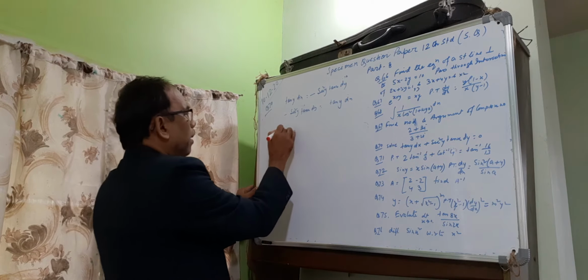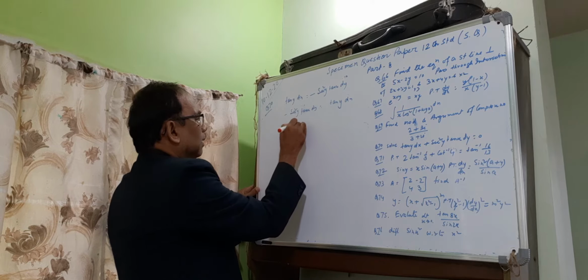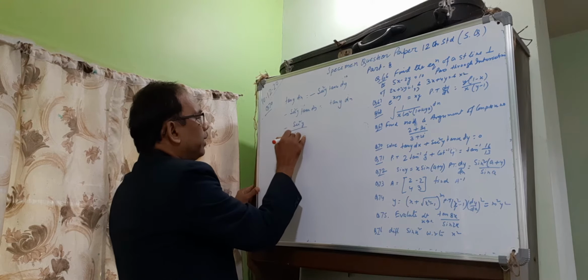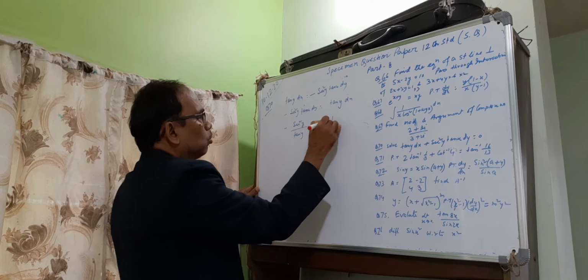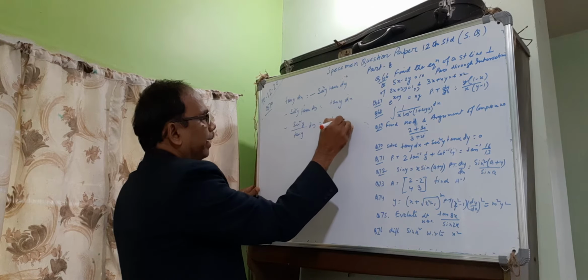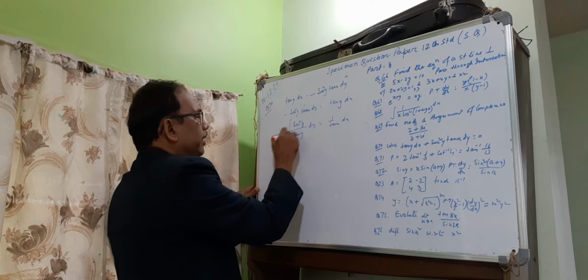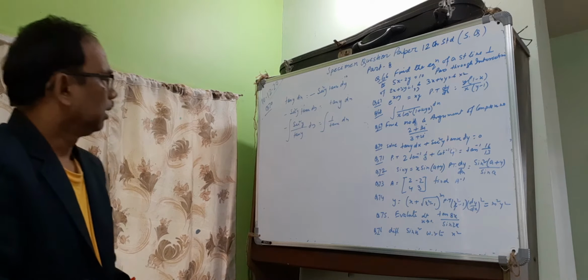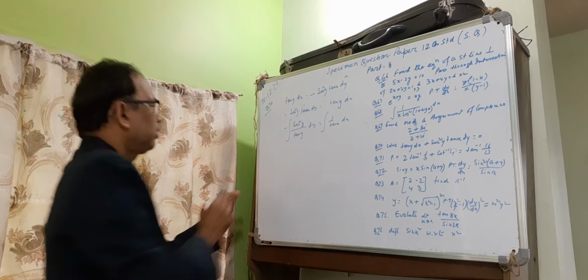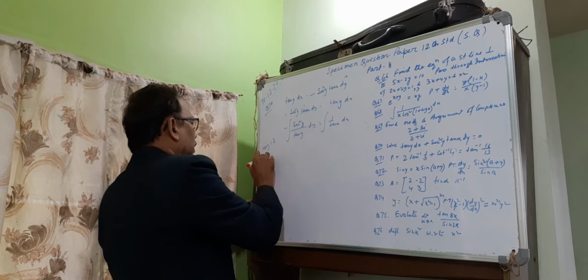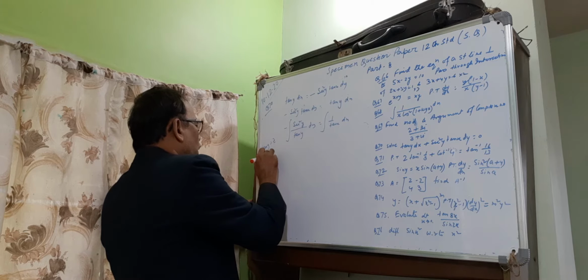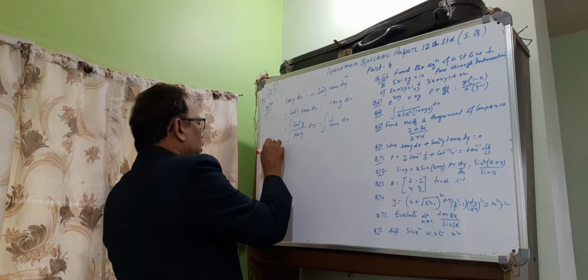Now minus sec² y by tan y dy equals 1 by tan x dx, integrating both sides. First, the left hand side: let tan y equal z. Differentiating, sec² y dy equals dz.